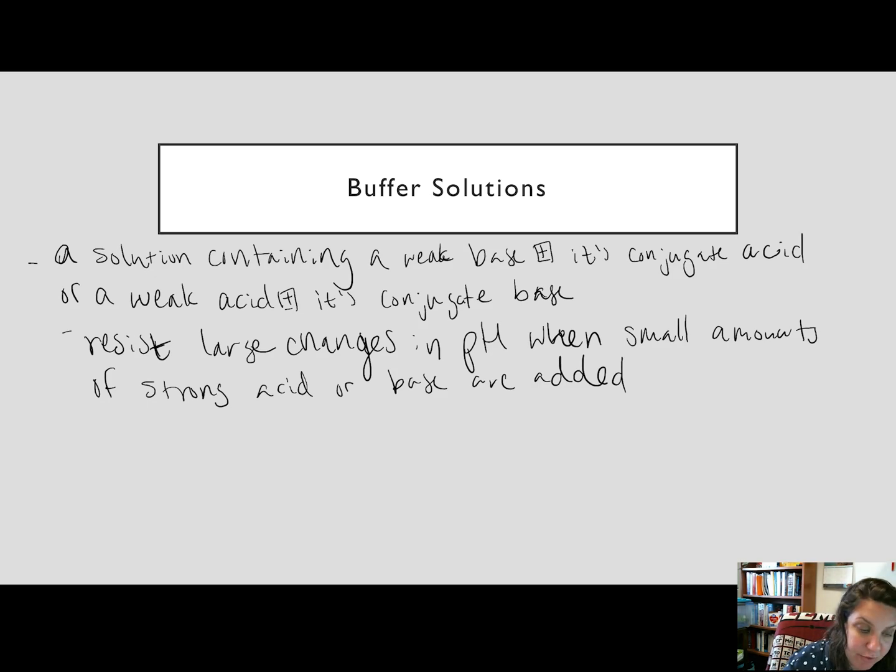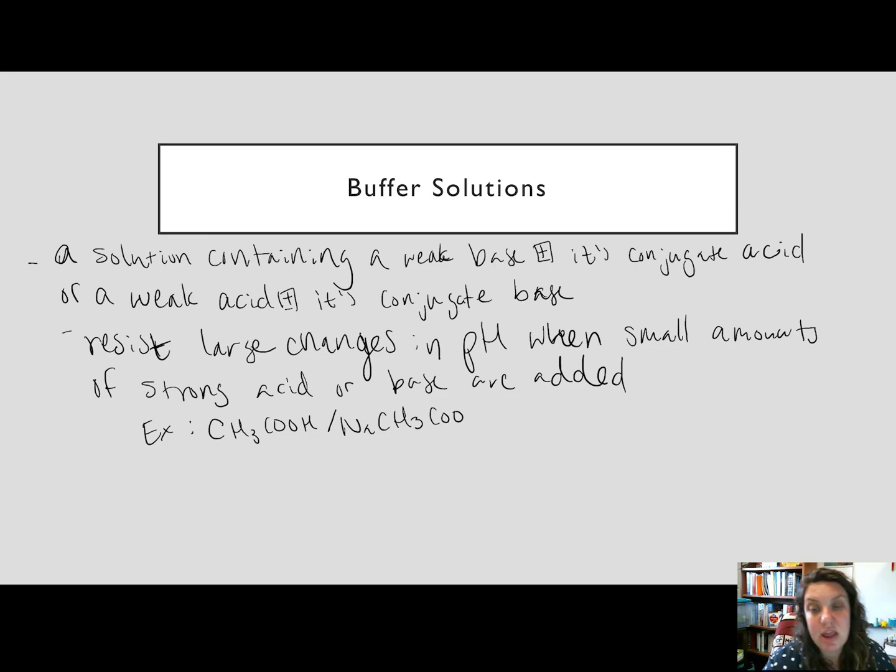So if we have a buffer, such as an acetic acid, sodium acetate buffer, which is a fairly common buffer, and we add anything acidic or basic to it, our buffer will come and neutralize that.